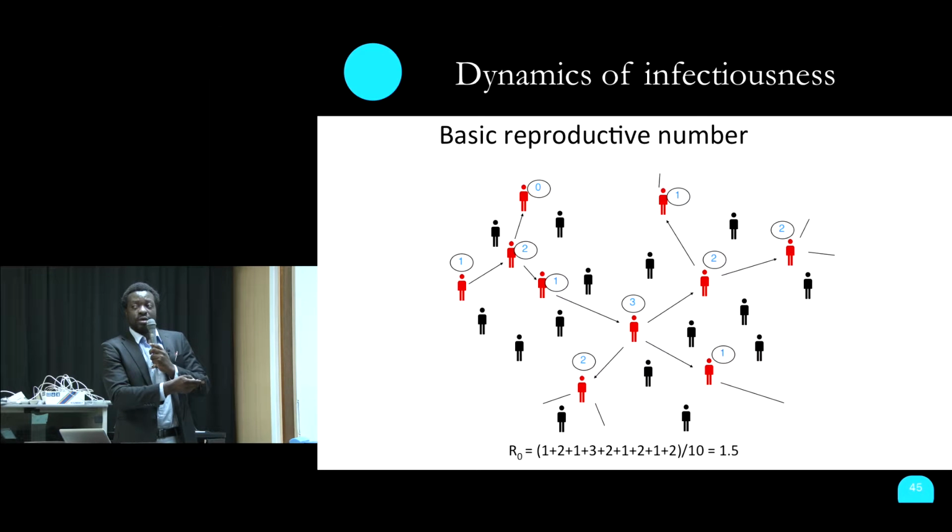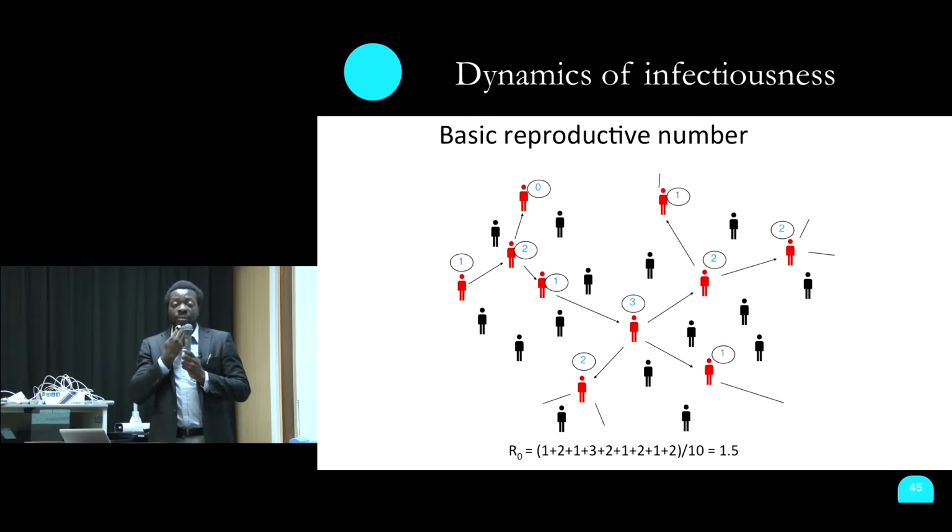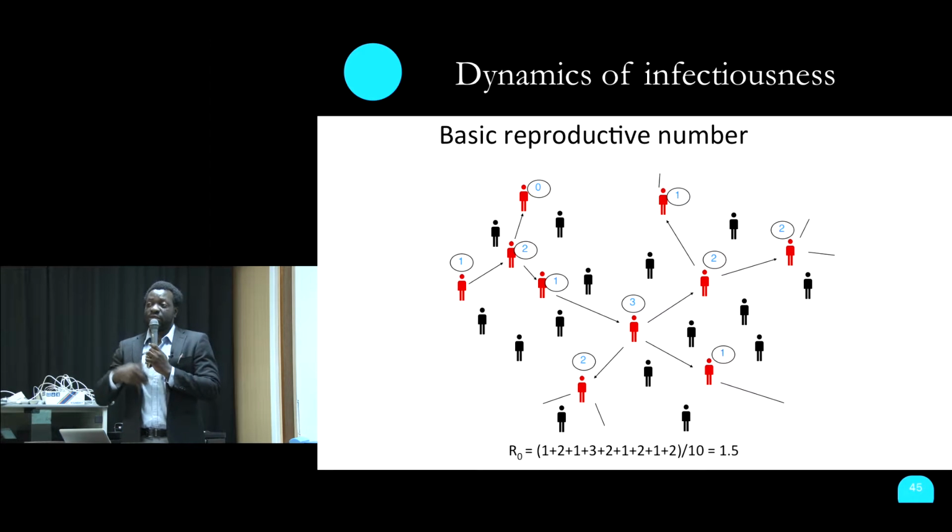This one could not transmit to anyone, so 0. This one could transmit to 1, and so on. Then when we take the average of that, we get the basic reproduction number. For example, here it's 1.5. 1.5 tells you that the infection will continue on and on because it's more than 1 in this scenario.